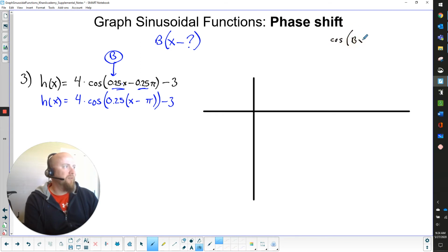Let's say we're looking at the test function, like we did here.